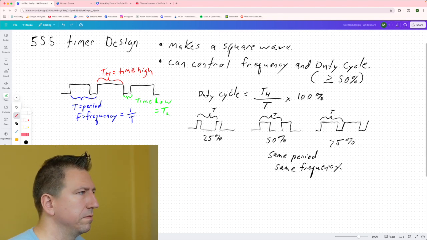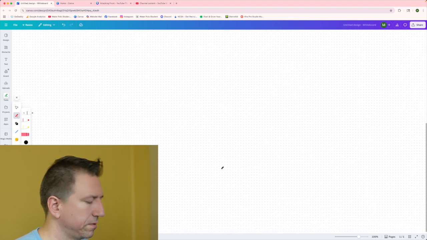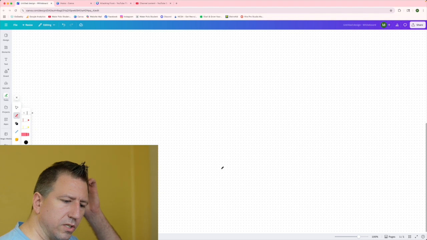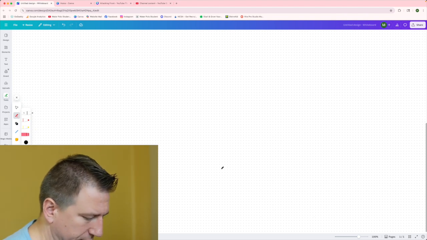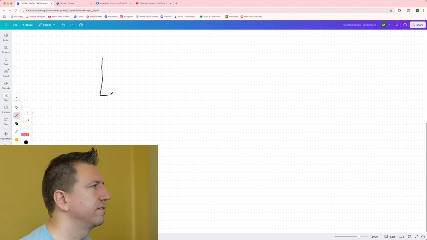Okay, so let's go on to the next bit here. Design equations. Well, let's take a look at the 555 timer. I'm not going to care too much about what all these connections are, but I'm just going to show you how they're connected into the circuit itself.